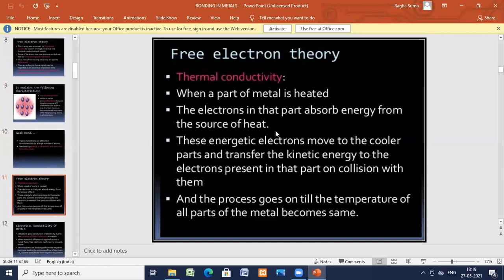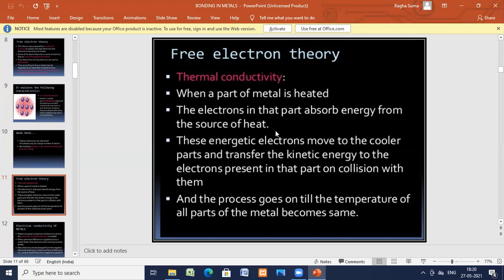Now coming to thermal conductivity. Whenever any model is given, it has to explain the characteristics: thermal conductivity, electrical conductivity, the bonding nature.